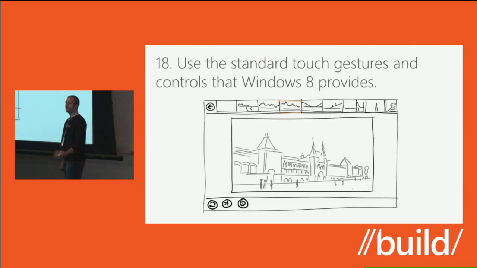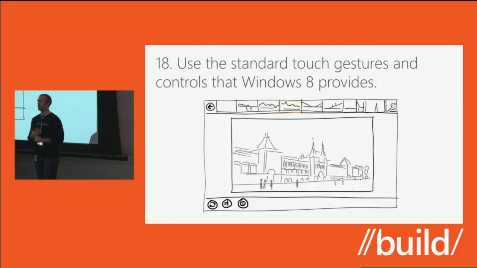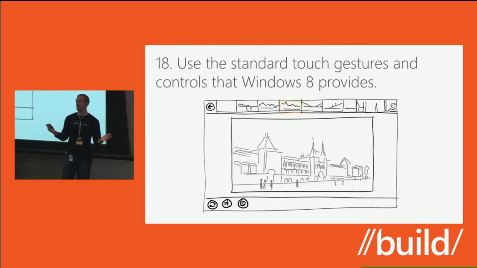And use the standard controls. A lot of the stuff you'll get, the Windows fluidity and how things work in touch and how all the things in Windows 8 work, comes standard if you just use the standard controls. Now, there's nothing stopping you from using something like DirectX on a XAML surface. You can do that, it's really cool.